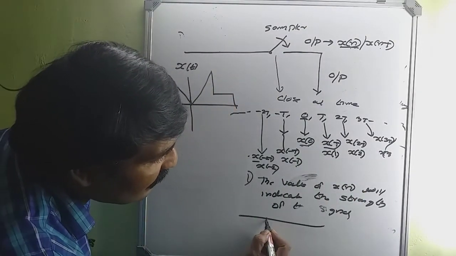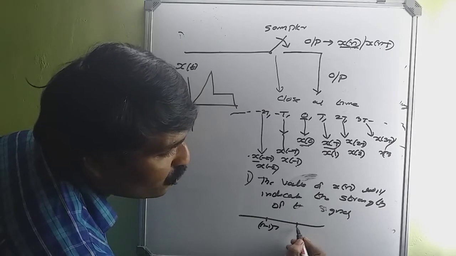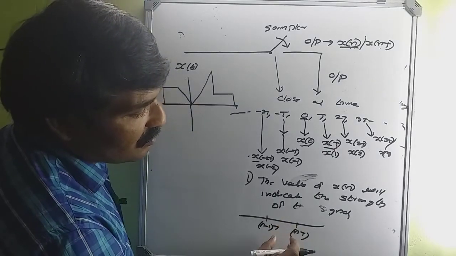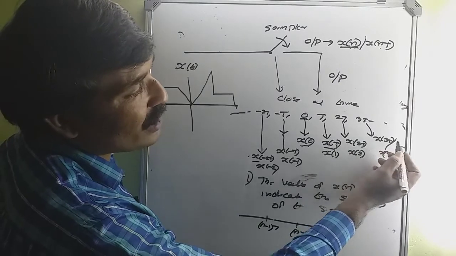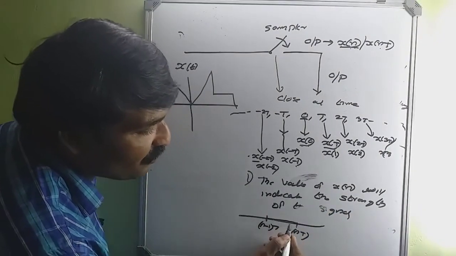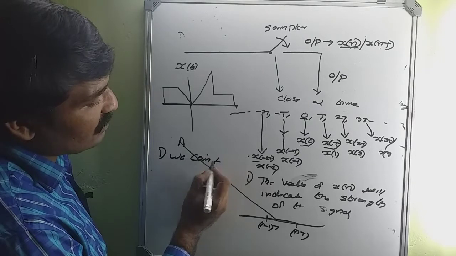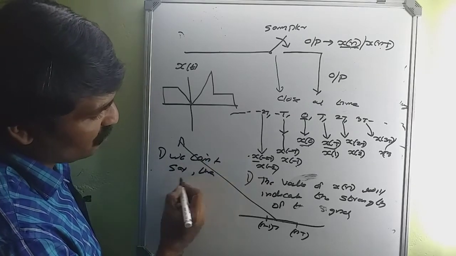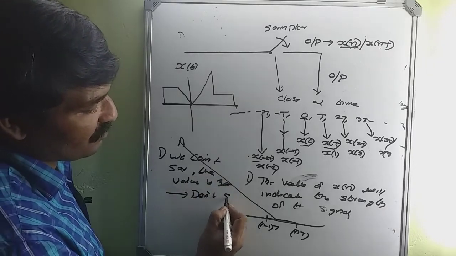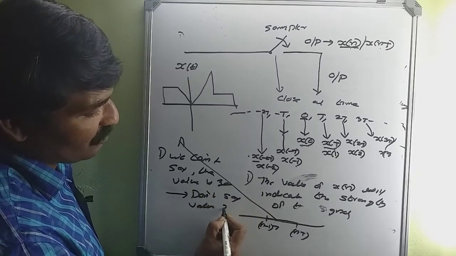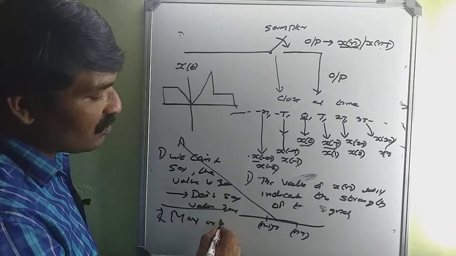In general, at an instant n minus 1 T to nT, that is the distance between two consecutive times, either T to 2T or 3T to 4T, etc. In between this duration, we can't say the value is 0. It may or may not be 0.